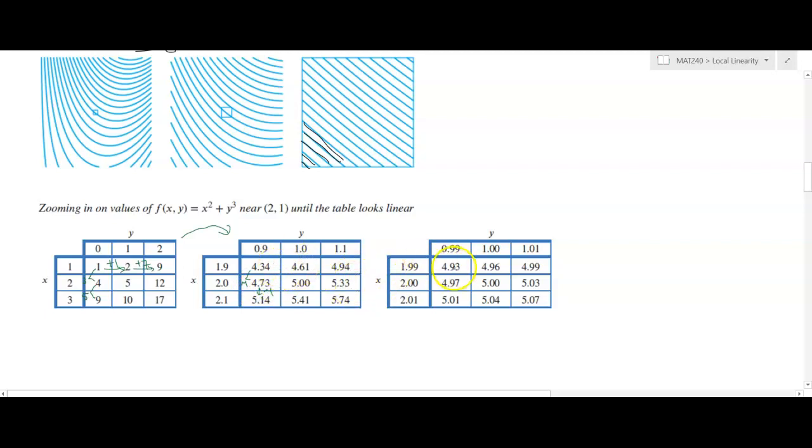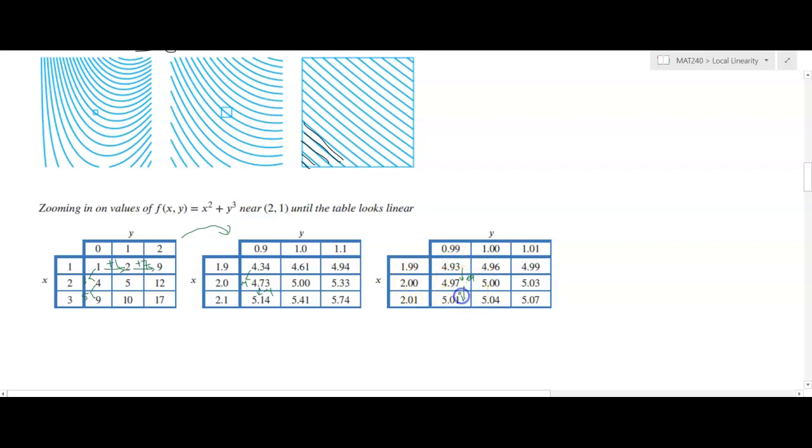But when we zoom in a little bit further, where our x values are spaced by 0.01, now we can really see that 4.93 to 4.97 is a change of 0.04. That is, z increased by 0.04 units by changing x by 0.01 units.